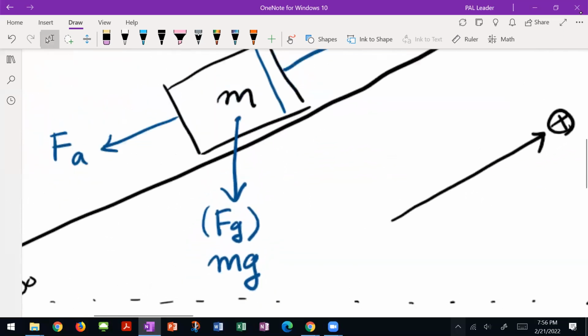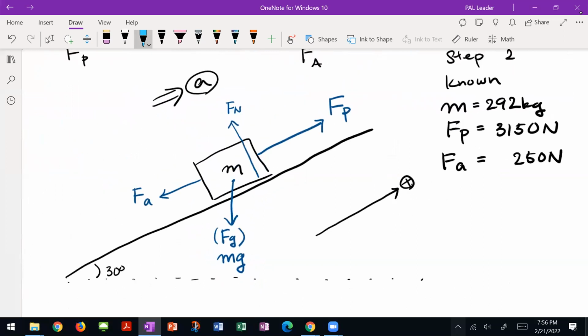This is the only one that's not in line with this diagonal coordinate system, if you will. So let's do that now. Let's divide this mg into its x and y. If this line is what we would consider our new 0 degrees, our arrows would look like this and this.